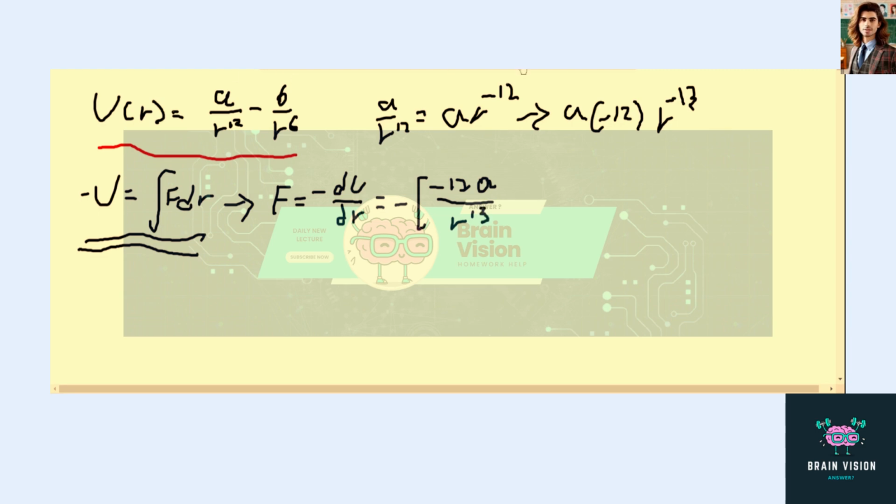Now we have to take the derivative of our second part, and that would be minus negative B divided by r to the 6th power, or now it's the 7th power, and then multiply by 6, and these two will cancel.